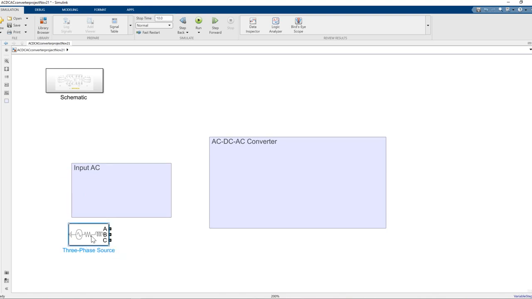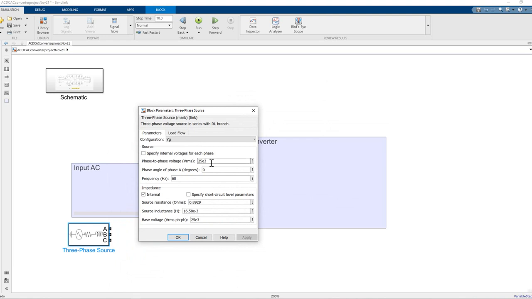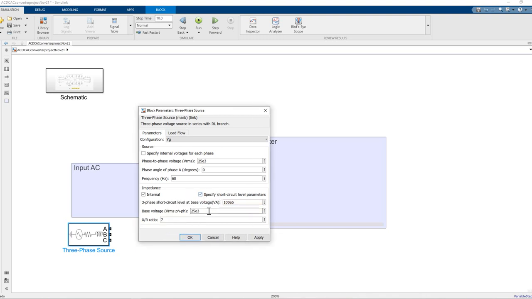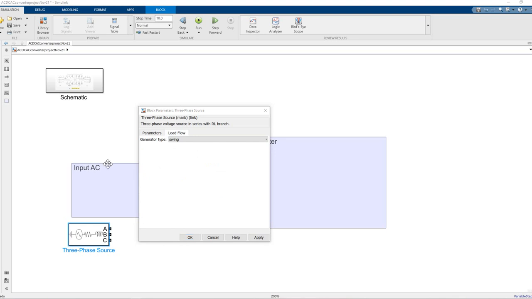So let's see the parameters. The phase voltage, we keep it again. The resistance we can change to 10. The supply voltage is 3, for example. Click on the specified short circuit level, the base voltage here, and this one we can change to 5.